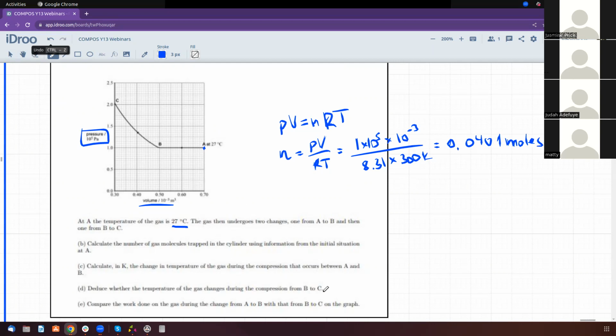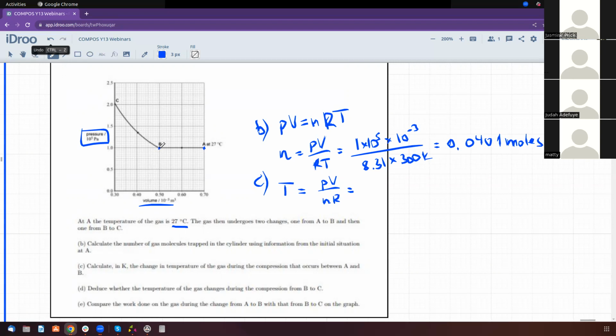C: calculate in Kelvin the change in temperature of the gas during the compression that occurs between A and B. So we need to find the new temperature of the gas. So that is question B. This question C. So the temperature of the gas is PV divided by nR.